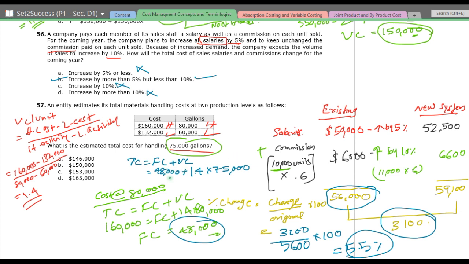So 48,000 is the fixed cost and 75,000 into 1.4, that is we need to find for 75,000 units. So the total cost comes to be 153,000 by solving this equation. So it is 153,000. Next.